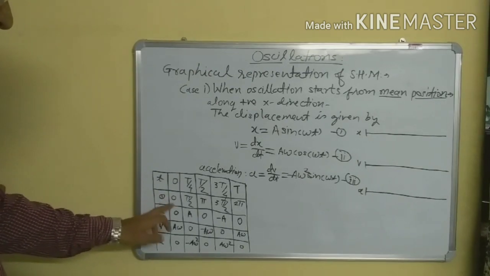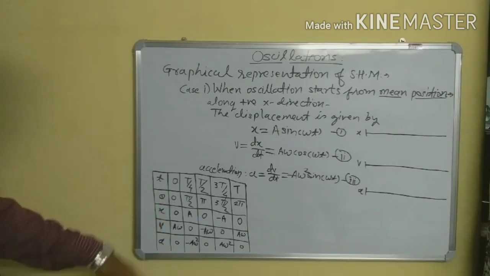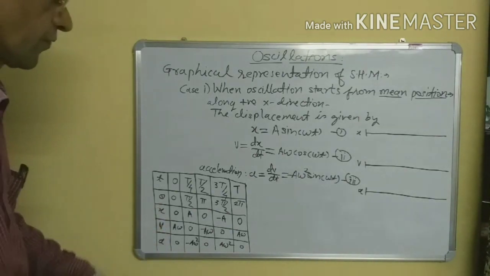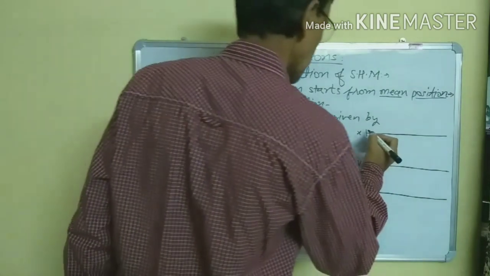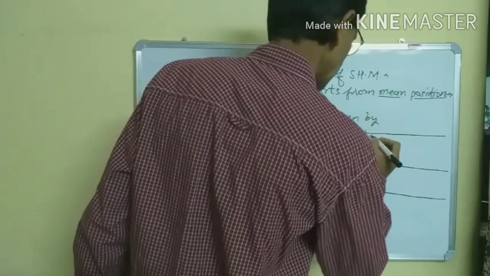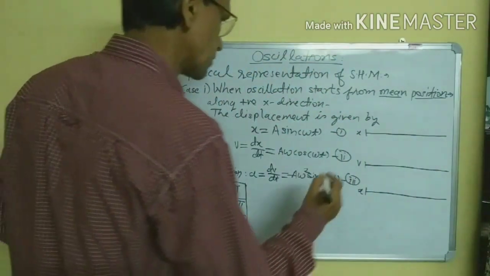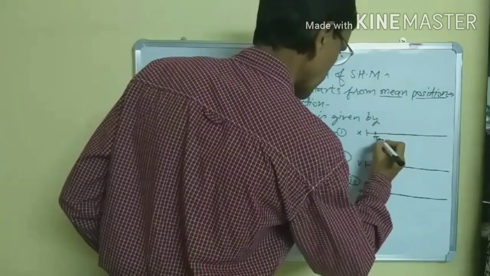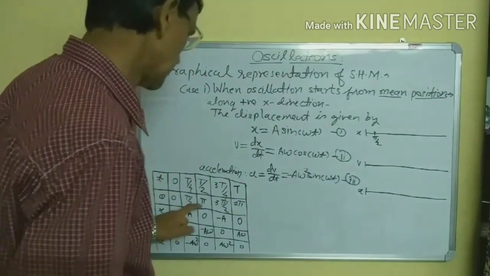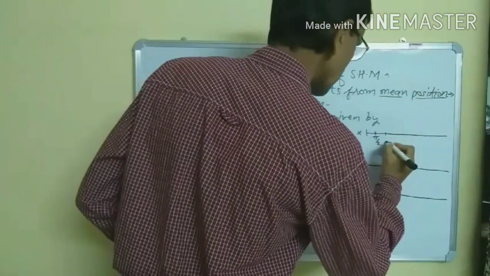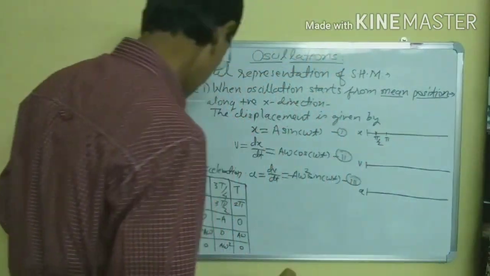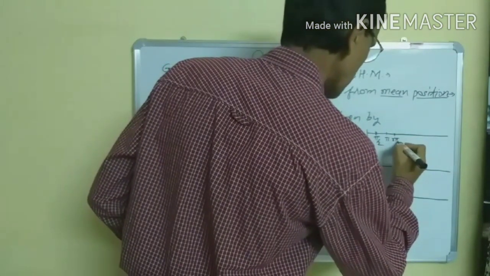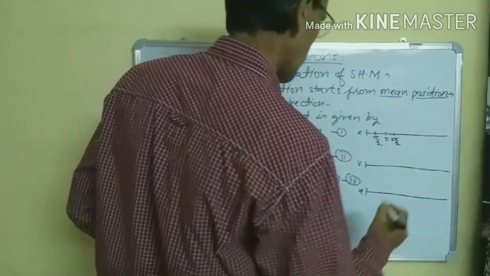When we put theta equal to 0, what is x equal to? The values of angles we are going to put here: the starting angle is 0, then pi by 2. By equal distance we keep the values: pi by 2, pi, then 3 pi by 2, and 2 pi.